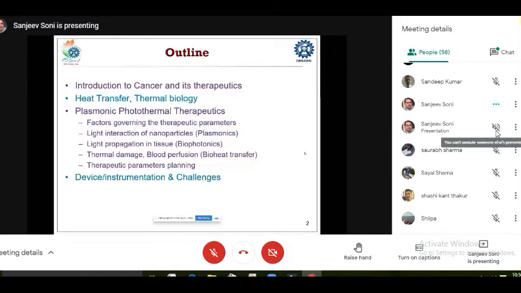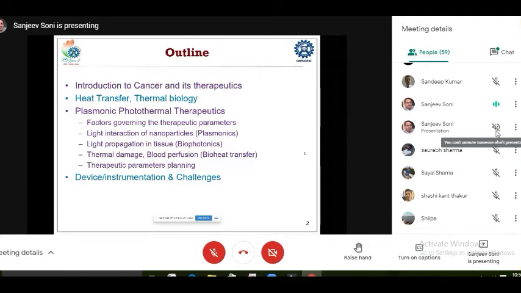The outline is that we'll discuss briefly the cancer and its available treatment methodologies, then a bit about heat transfer and thermal biology, and then we'll come to plasmonic photothermal therapeutics. We'll look at the therapeutic parameters generally required by a clinician to administer such therapy, and then we'll discuss the various coupled phenomena involved in this work.